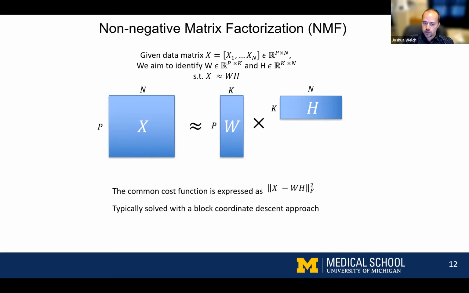Some people use multiplicative updates. We chose to use block coordinate descent, which has more firm theoretical grounding. And basically what that means is we solve first for W. We find the optimal W given a random starting point for H. Then we update W in that way and fix it, and then update H using the best W and iterate that process until we reach convergence.